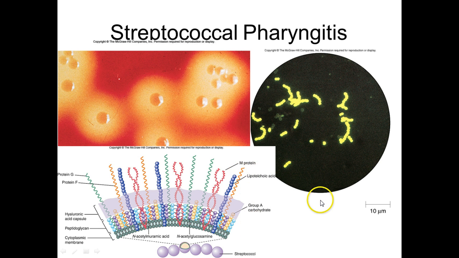So with strep throat, Streptococcal Pharyngitis is another name for strep throat, which means that it's an inflammation of the throat, right? Itis. This is a picture of a blood agar plate, and here are the colonies growing. You can see intact red blood cells here by the red colorization to the plate, but then around the cells, they're producing an enzyme, an exotoxin, that literally destroys the red blood cells.